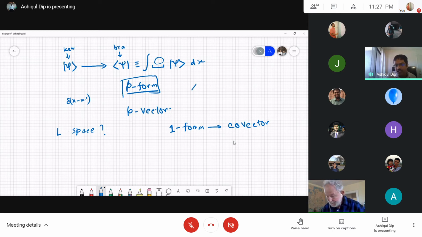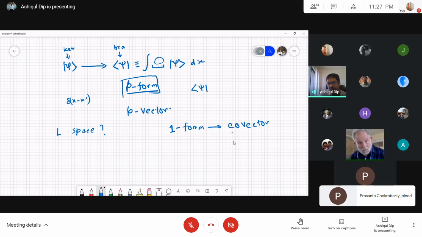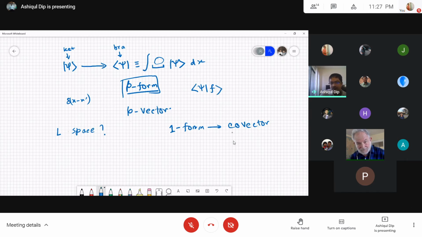So this object is an operation. By itself it is nothing. It acts on some function, say f, so when you act on something, you have to write that f over there. Here also one form has the correspondence. The kets are basically vectors, so this v, and one forms are alpha.